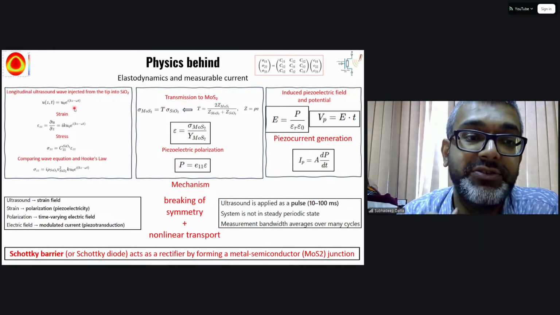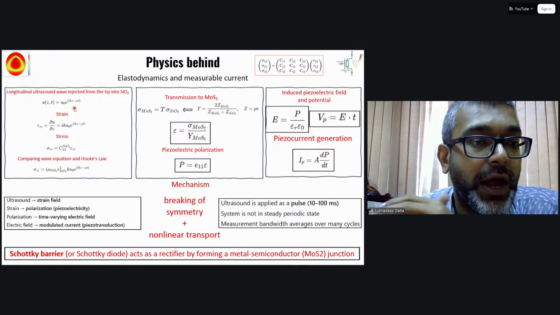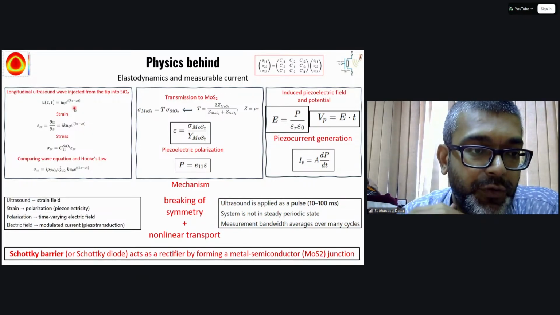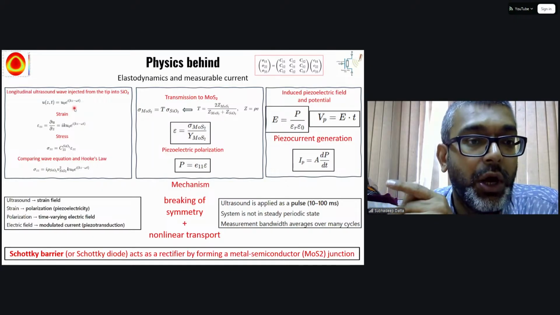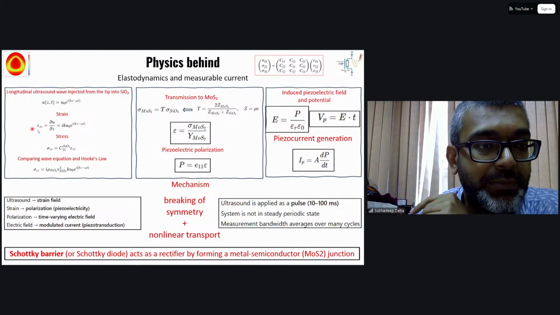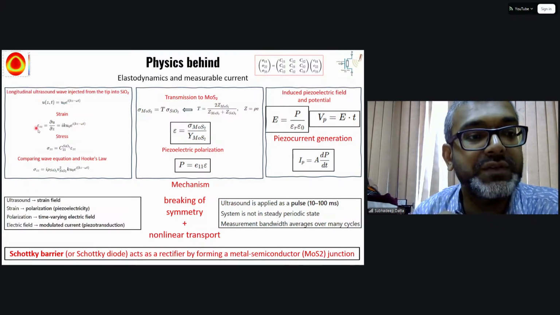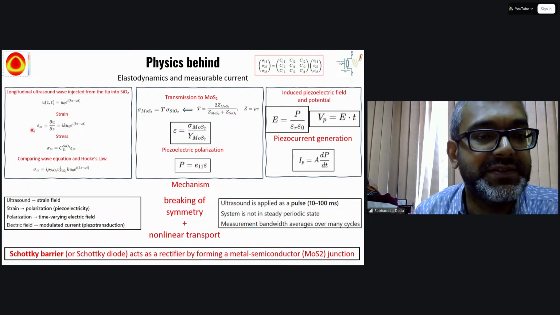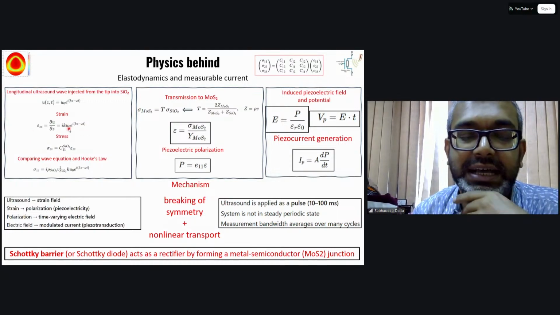How will you find strain? Strain can be found from del U del Z. Why del Z? Because the propagation is in the Z direction. So you can create along the Z direction epsilon ZZ, which is del U del Z.